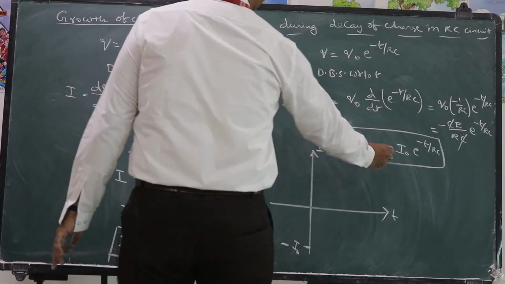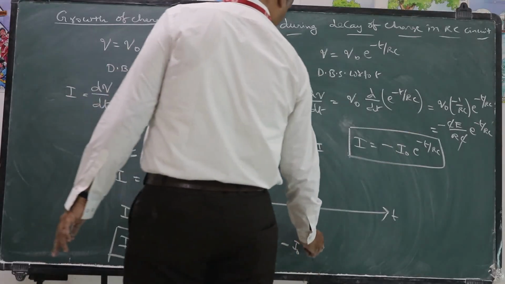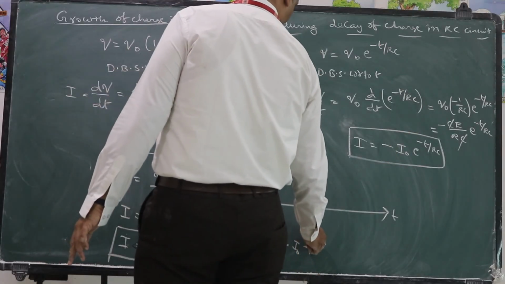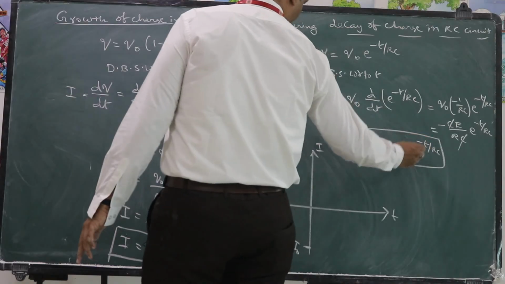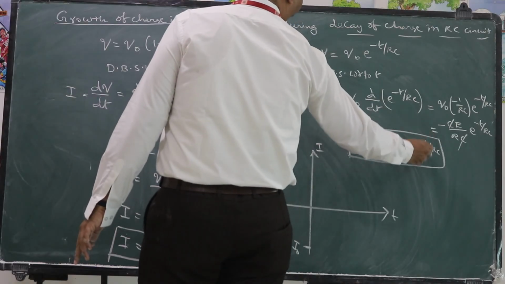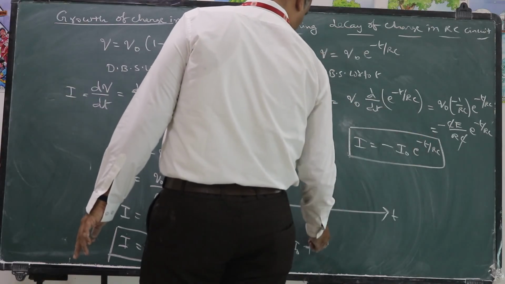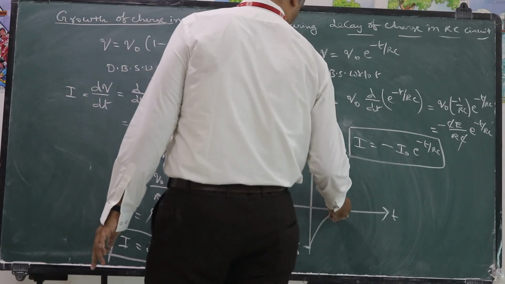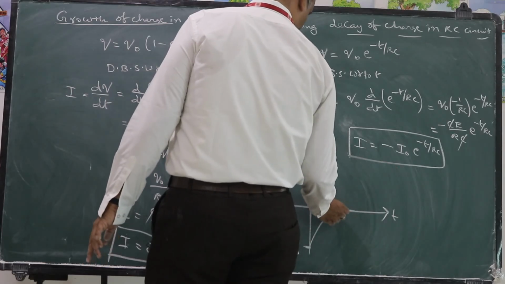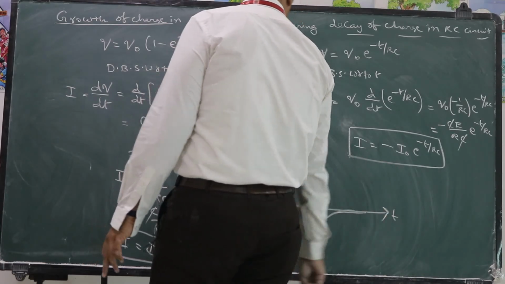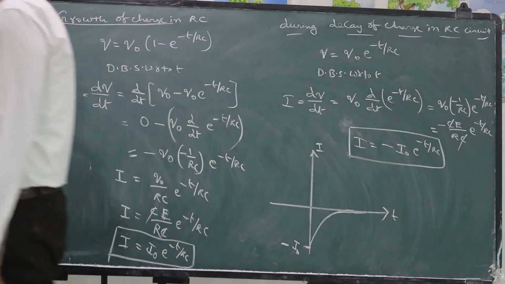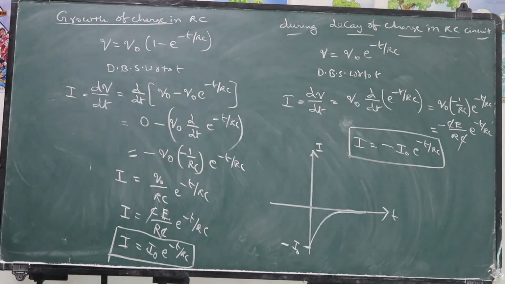As the time increases, the current value, when time becomes infinity, e power minus infinity, 1 by infinity, is 0. It becomes almost 0. The graph will be like this, very close to the time axis. That is the relationship between current and time during decay of charge.